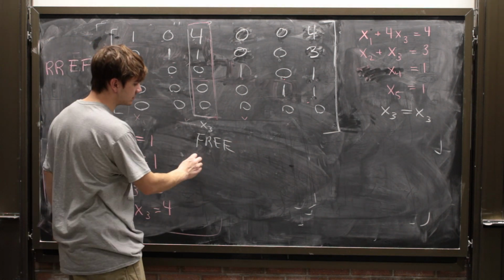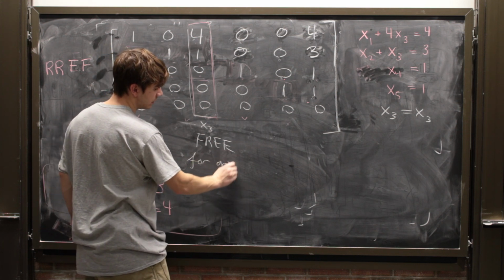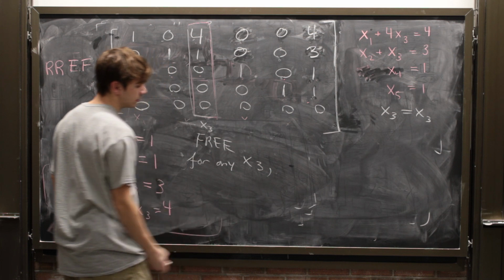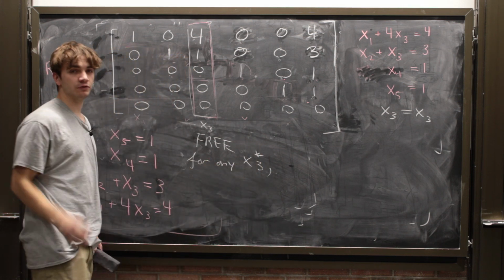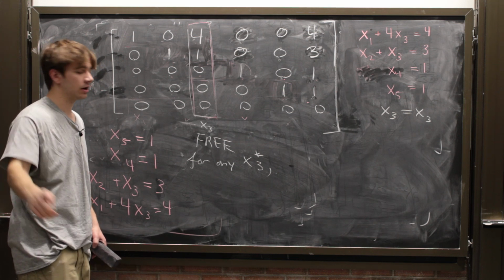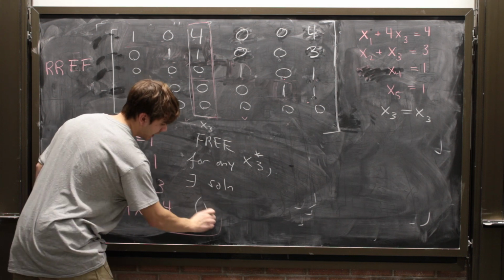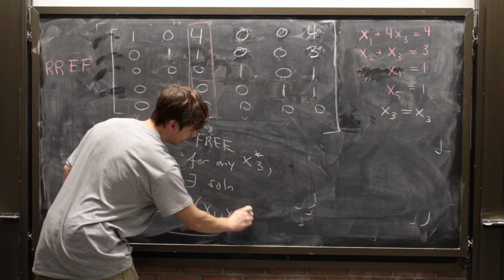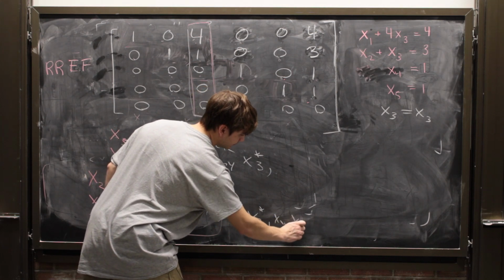So what this means is that for any x3, there is a solution, let's call it x3 star. So if you give me an x3 star, then there exists a solution x1, x2, x3 star, x4, x5, okay?